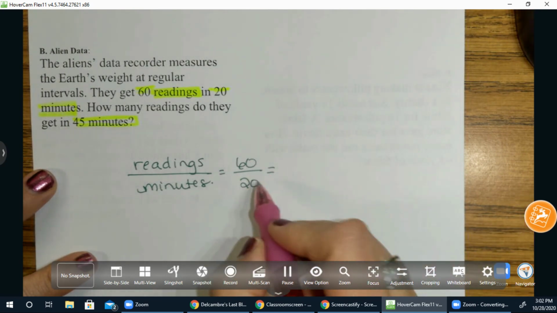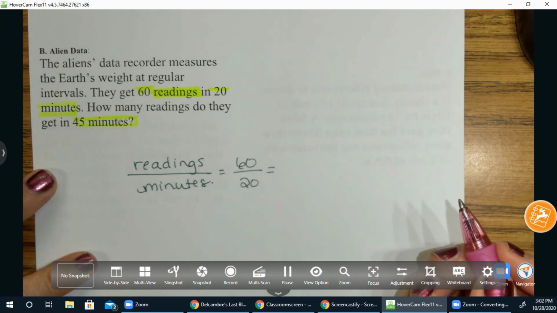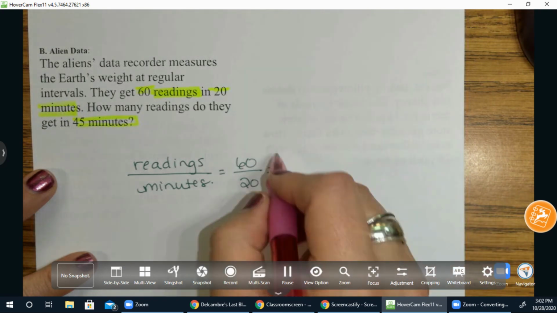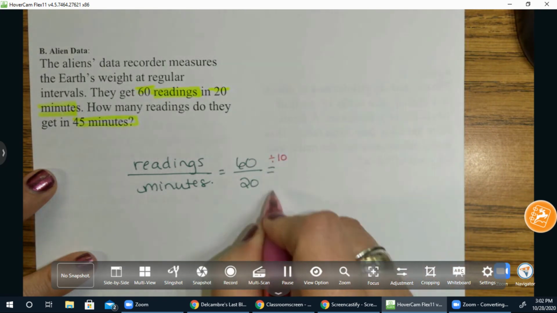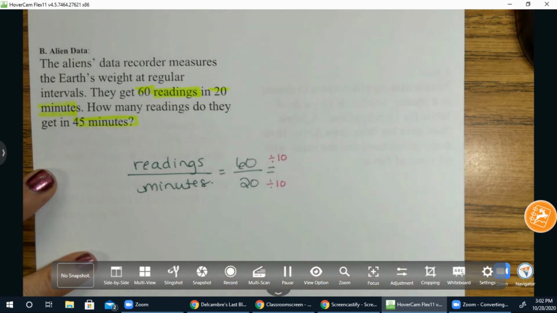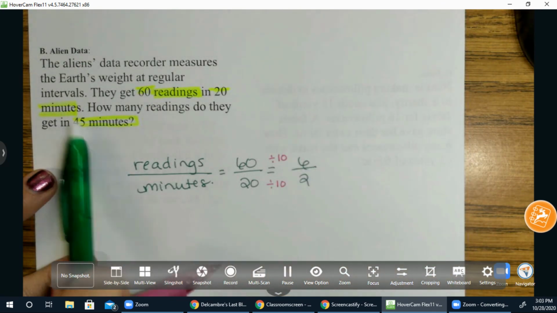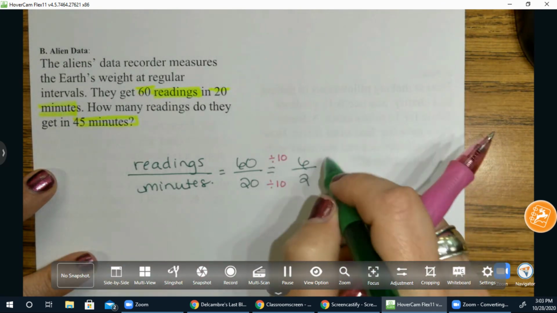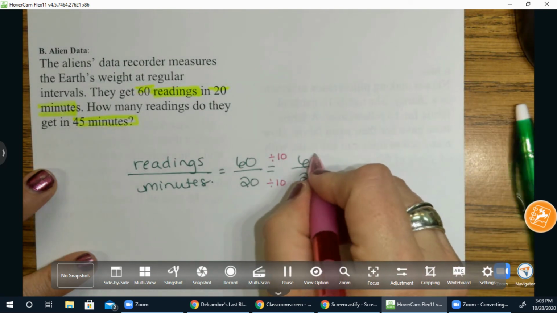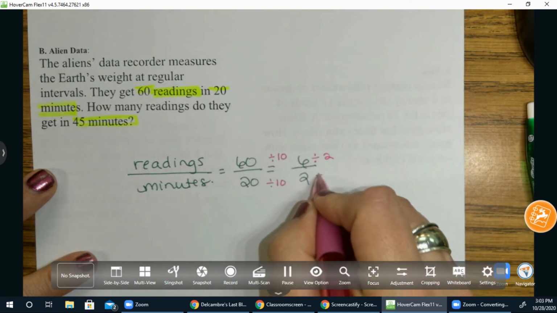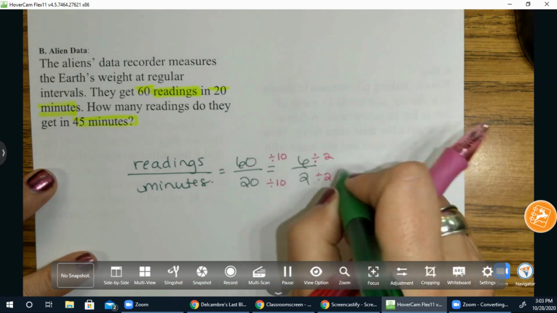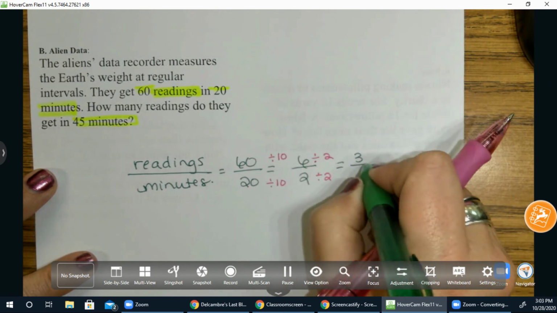So if I divide 20 and 60 both by 10, now I get 6 over 2. I still got to get to 45. Oh, but both of these numbers can be divided by 2 again, and I get 3 to 1.